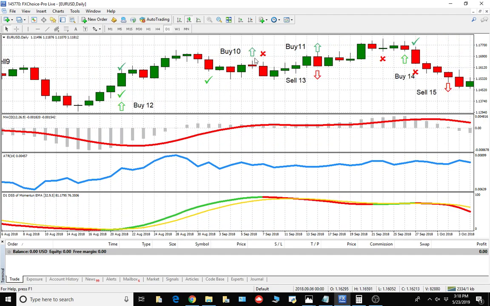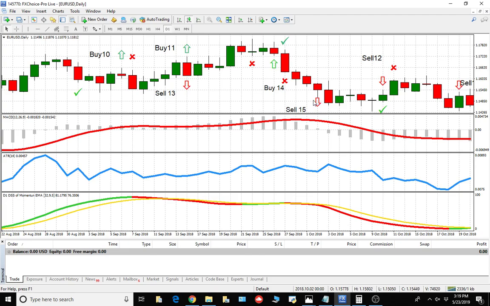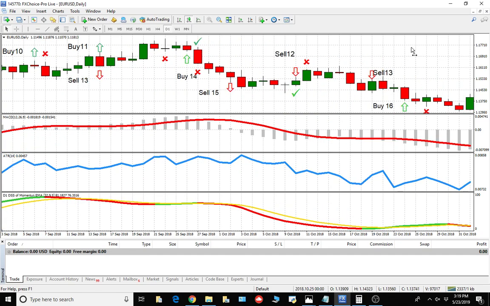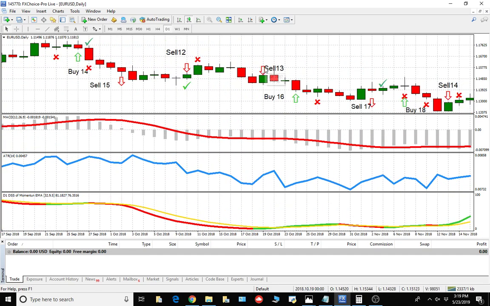Number 10 for the MACD was a loss, and then number 11 for the MACD was a win. You can see here, number 13 for the DS momentum was a loss, number 14 was a loss, and number 15 pretty much kind of broke even. Number 12 for the MACD was a loss. Number 13 for the MACD was a win.